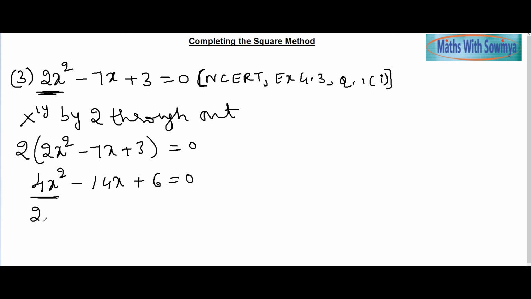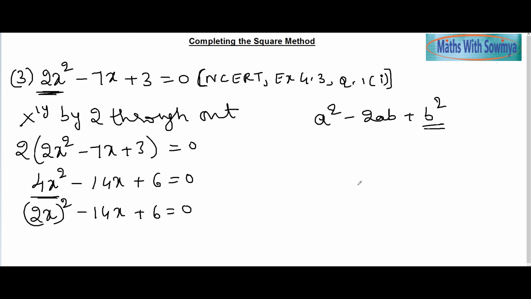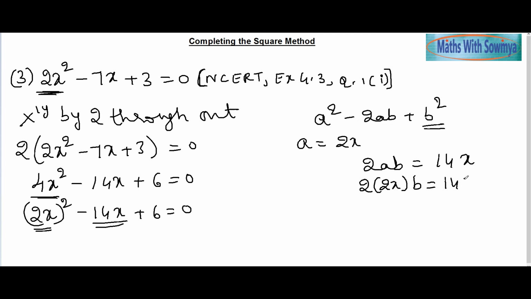This is the perfect square for me because this will give me 2x whole square minus 14x plus 6 is equal to 0. So, I am getting in the format, I need to find b square. So, a is what here? Just 2x is a. So, let us find 2ab, which is this one, 14x. 2a is nothing but 2x here, b as it is, 14x.